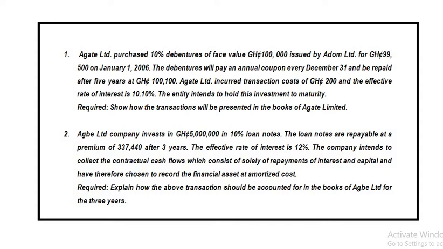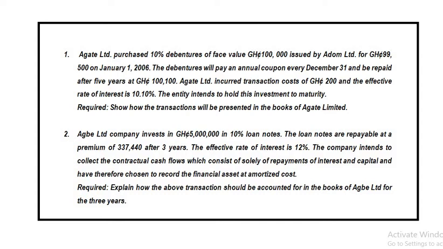So instead of it being redeemed at the face value, it's going to be redeemed at more than the face value, which means that in the last year, or the year of redemption, the receipt is going to be the face value plus the premium plus the coupon. In the previous video, it was only the coupon plus the face value, but here it is going to be redeemed at a premium, a value more than the face value.